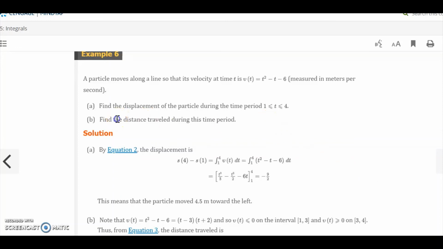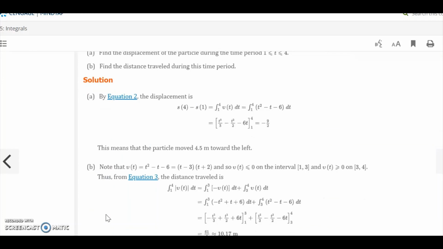So then, the trickier part is when we're finding the distance traveled during this time period. To find the distance traveled, we want to make v of t positive everywhere. So how do we do that? Well, we have to figure out where it's negative in the interval from 1 to 4.